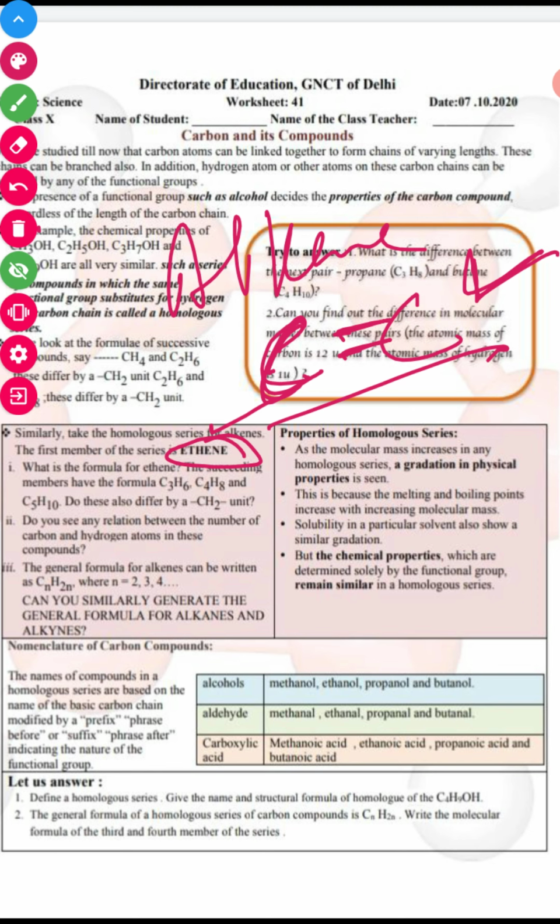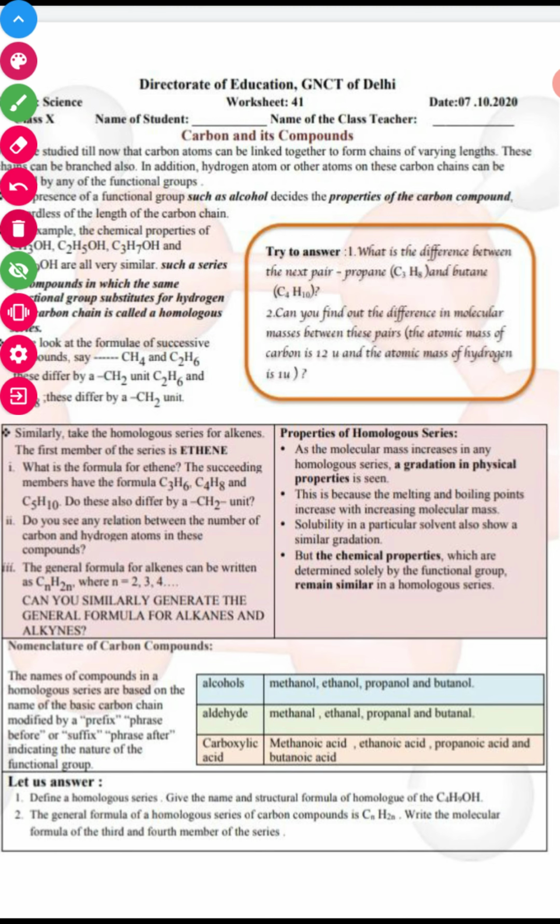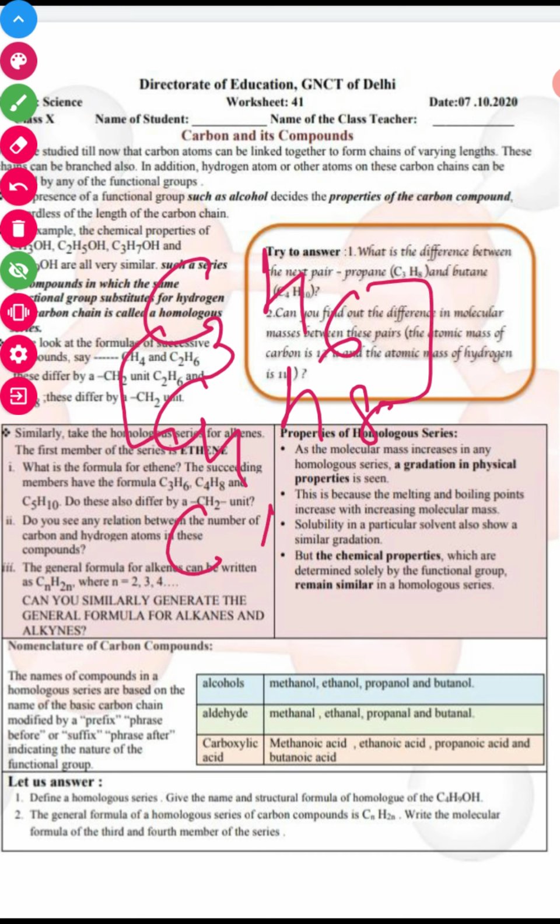What is the formula of ethene? The succeeding members have the formulas C3H6, C4H8 and C5H10. Do these also differ by CH2? C3H6, C4H8, what is the difference? Again the difference remains the same, CH2.